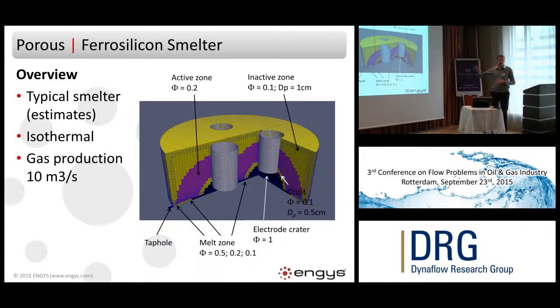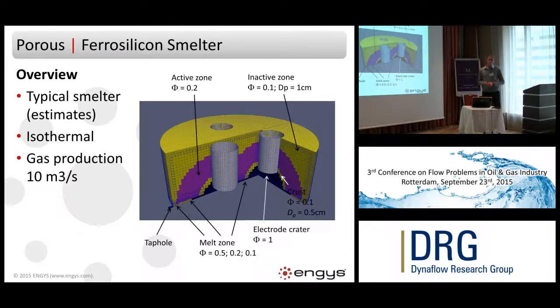As the electrodes melt this rock, you get a liquid region at the bottom, and the challenge here is to find out the mechanism behind this tap hole gassing phenomenon, when basically the liquid runs out and gas starts to flow through the tap hole.